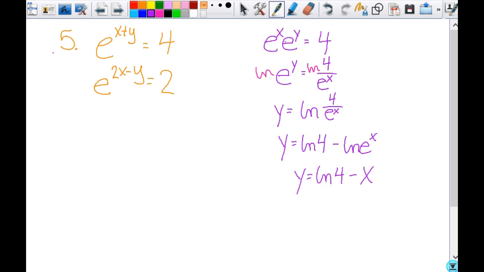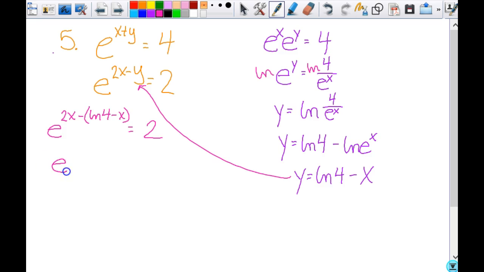So now we're here. So now I'm going to take this, and I'm going to substitute it in right there. So I get e to the 2x minus the natural log of 4 minus x equals 2. So you got to be careful with this, the whole subtraction, and you got two things that you use your parentheses correctly.